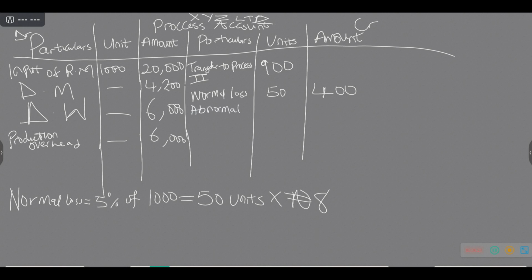Now to get the amount for the abnormal loss, we are going to be using the formula that was given in the notes earlier on.